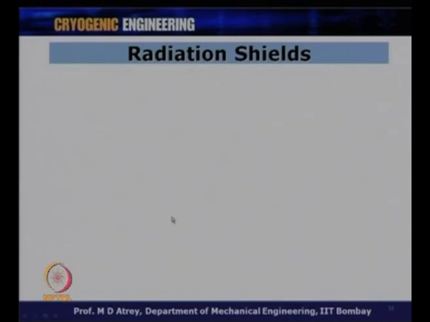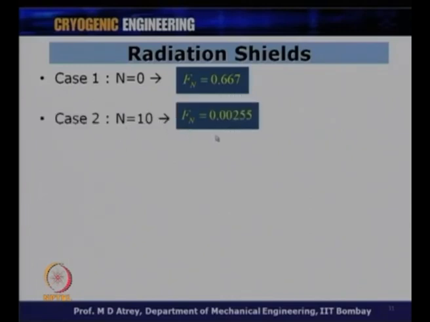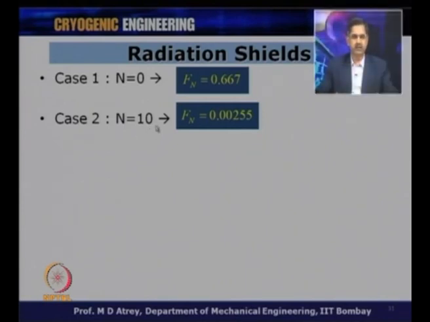So, if I calculate all these things, what will we get? For case 1, when n is equal to 0, my Fn will be equal to 0.667, and if I put n is equal to 10, my Fn will be as small as 0.00255. So, it is obvious from here that if I put 10 shields of low emissivity and high reflectivity, my Fn value will get drastically reduced from 0.667 to 0.00255.